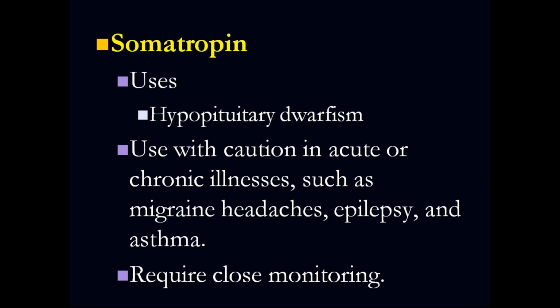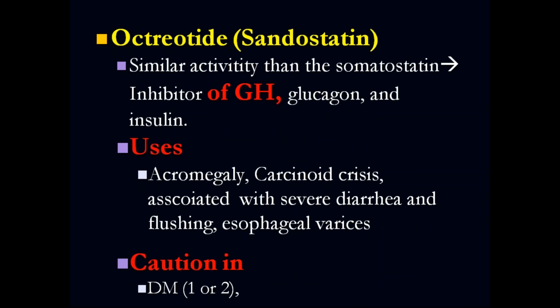The threshold for epilepsy is going to decrease, so it's easier for the patient to start having seizures. So be careful with patients who are receiving somatotropin and have epilepsy. And the same for asthma. It's going to exacerbate and make asthma attacks worse. That's why it requires close monitoring.